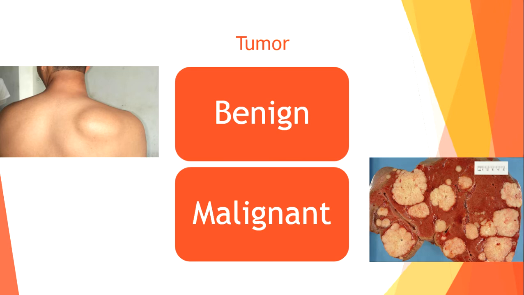And a malignant tumor has all these features. It metastasizes, invades into surrounding tissues and has a higher growth rate. On the left picture we see lipoma. Lipoma means a benign tumor which grows from the adipose tissues.